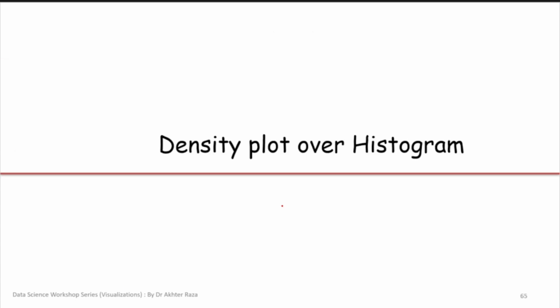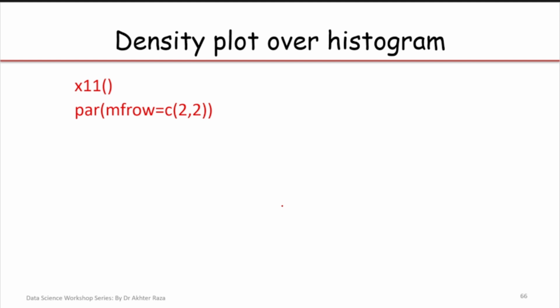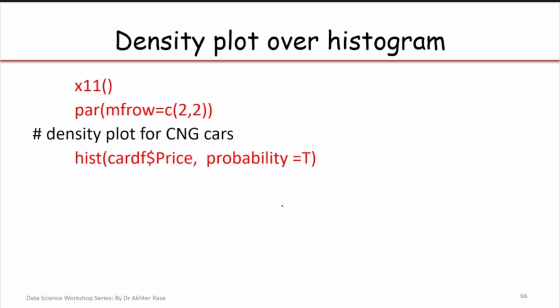A new window is generated and a 2 by 2 split of the window is to be performed, and then the density plot for the CNG cars. Car prices, probability is equal to true, histogram.